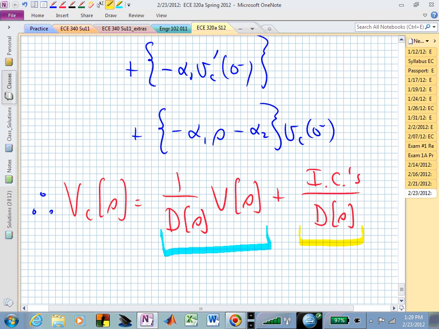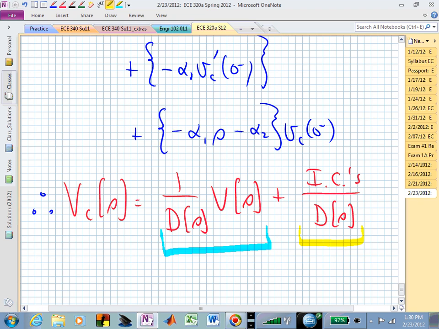But right now what we want to do is simply think about how do we go, now we're in the frequency domain. We want to get back into the time domain so that somebody can tell us, or you can tell somebody else, what is little v sub c of t. If they now tell you, oh, I was using a voltage source that was a decaying exponential, or my voltage source was an exponentially damped sine wave, or it was actually a cosine wave, or it was a combination of those three, you can now find out what your capacitor voltage is going to be as a function of time by taking this from the frequency domain back into the time domain.